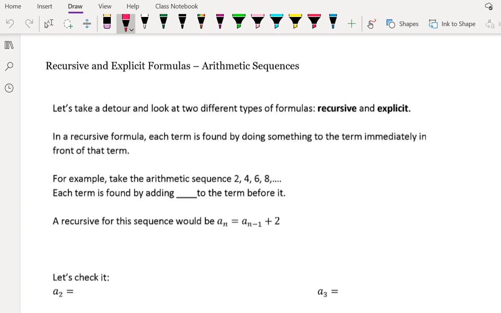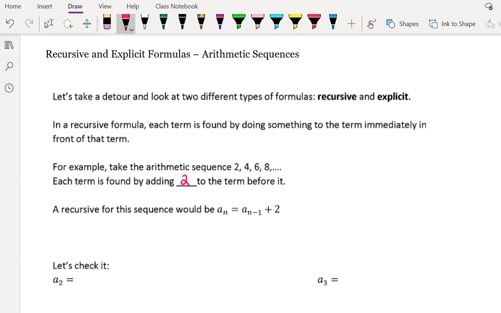If you notice, each term is found by adding 2 to the term before it. So for a recursive definition, we are going to take some term, and then take the previous term, and then add 2.